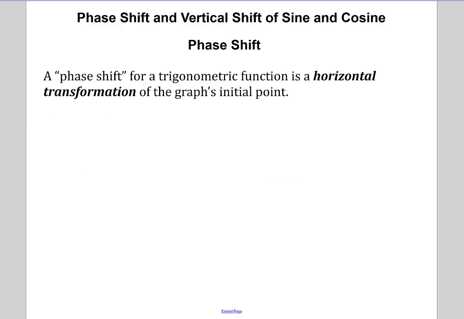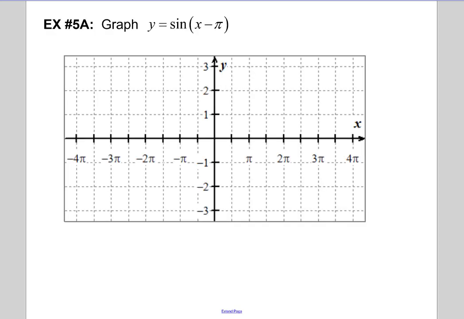A phase shift for a trig function is a horizontal transformation from the graph's original starting point. So let's look at that. In this example, we have a sine curve and we have x minus h.